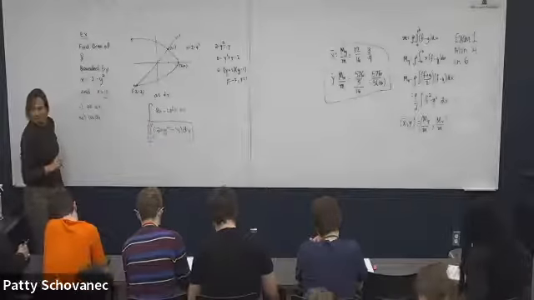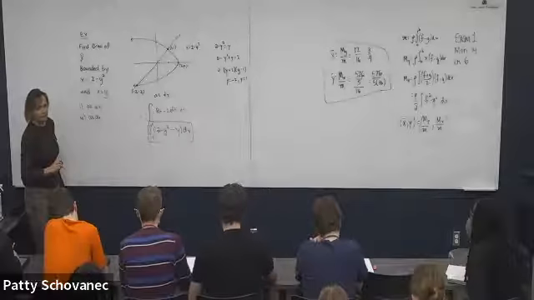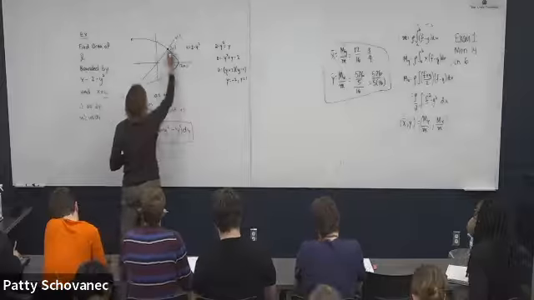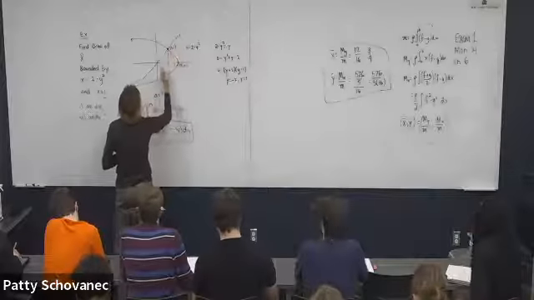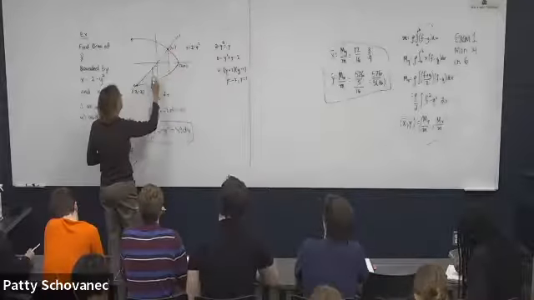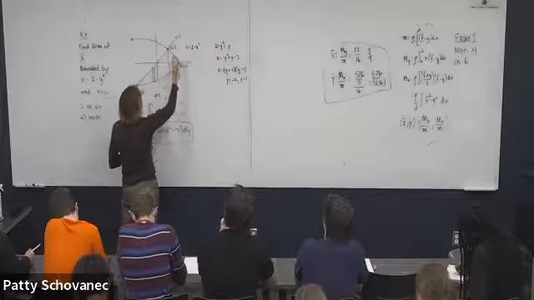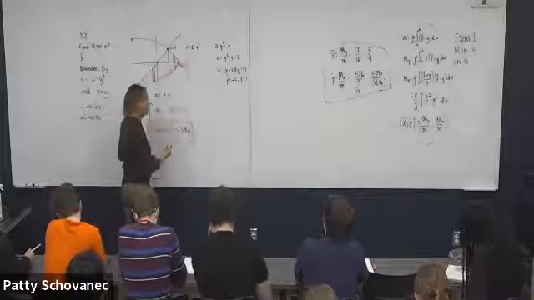So what's the issue with the dx? It's going to take two different integrals, because once we pass x equal to 1, we have the line on top and the parabola on the bottom. Before that, I have the parabola on top and the parabola on the bottom.